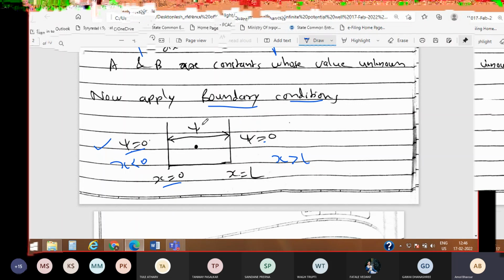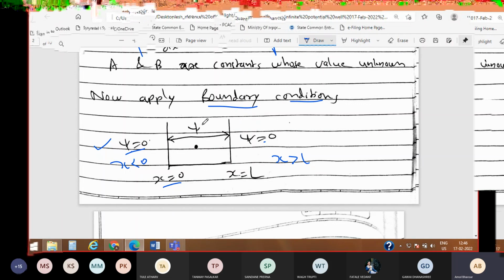A into sin of kL is equal to 0. So we have put the value of k in that equation. So my equation becomes psi of n is equal to A into sin of n pi x upon L, where n is equal to 1, 2, 3, 4. This is the equation number 3a that I have given.